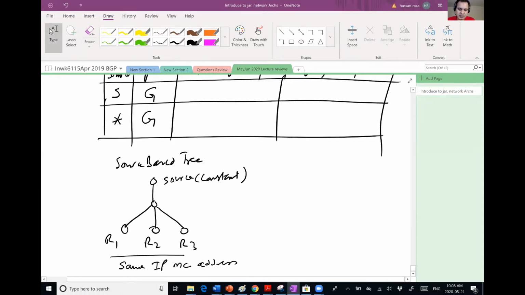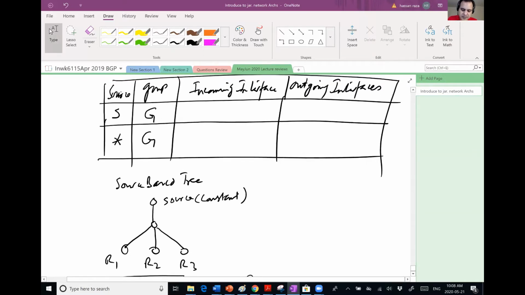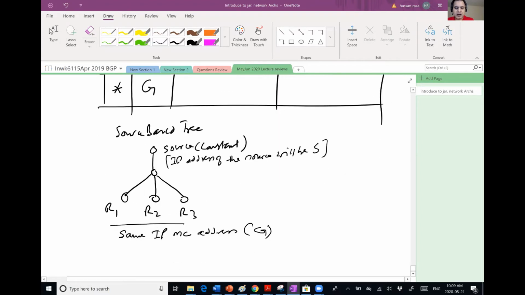That address will be G, and the IP address of the source will be S. So S will be the IP address of the source, whatever its TCP/IP configuration has, and all the members in here would have the same IP address that would come from class D, starting from 224, whatever. So I will call this a source-based tree.